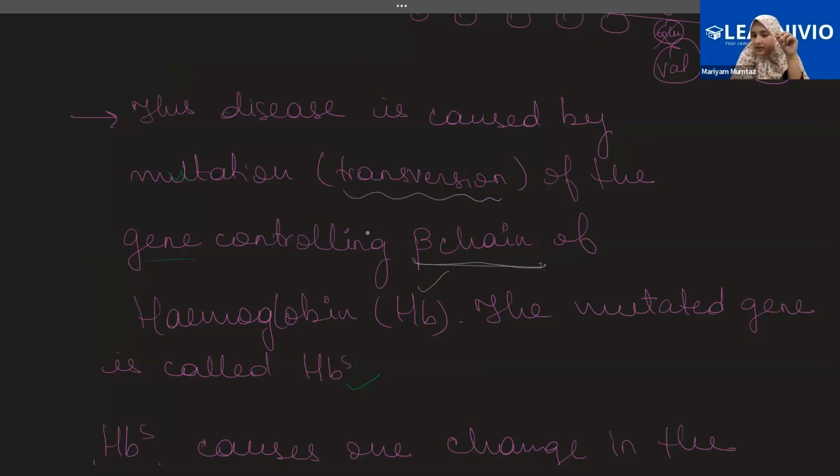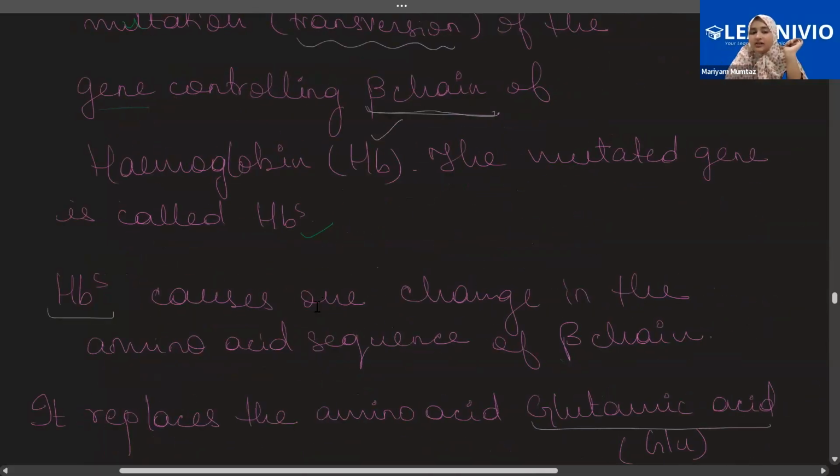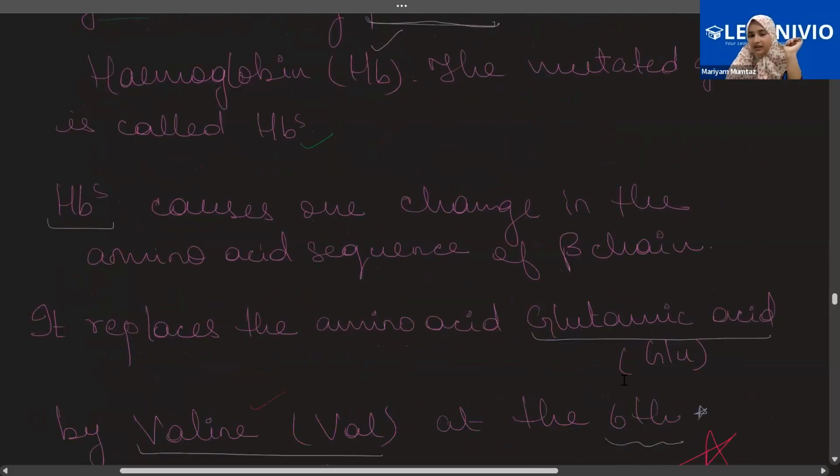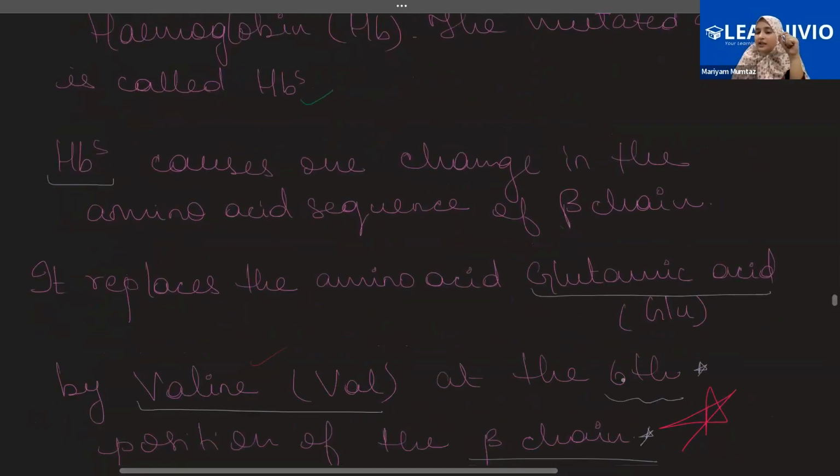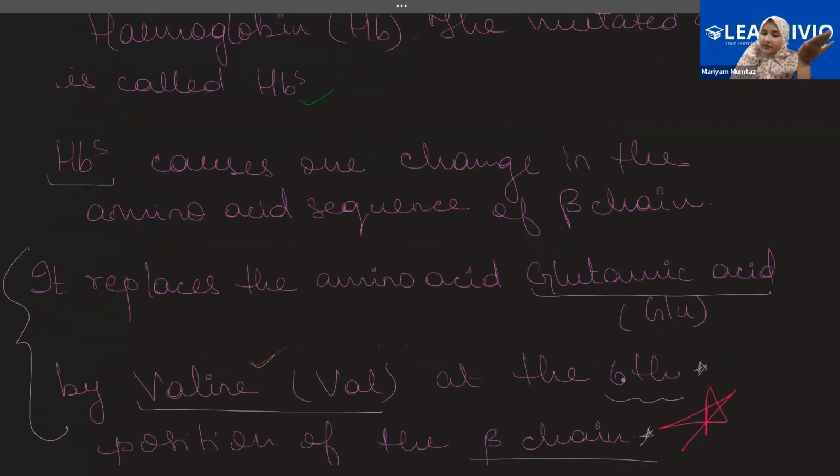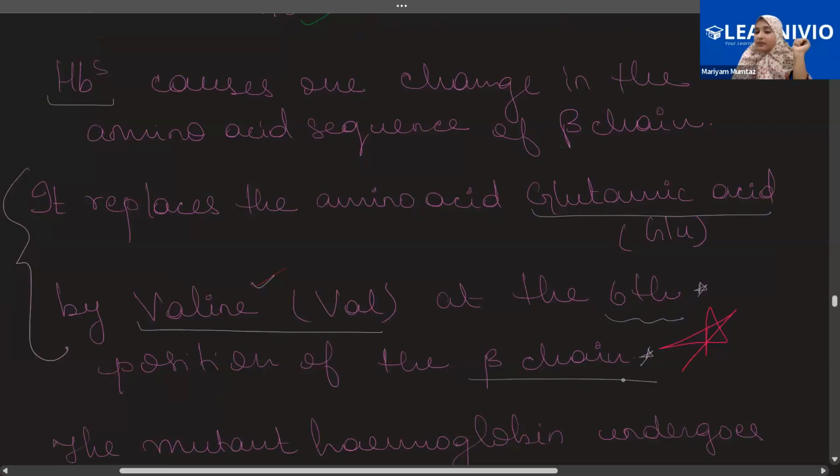Normally, it is HB. HB is for hemoglobin. Now, HBS causes one change in the amino acid sequence of the beta chain. Here, the amino acid glutamic acid, this is a very important line, gets replaced by valine, another type of amino acid, at the 6th position of the beta chain.